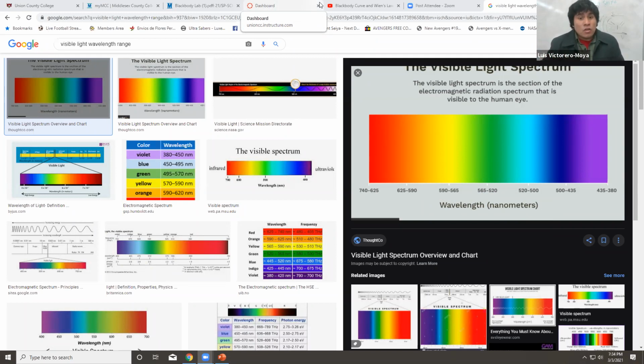Time is relative. For example, if you're moving at the speed of light, will you measure the same time as I am measuring? Yes or no? No. The twin paradox, you can read about that. If one twin leaves at the speed of light to Alpha Centauri and comes back, he will be 8 years older.